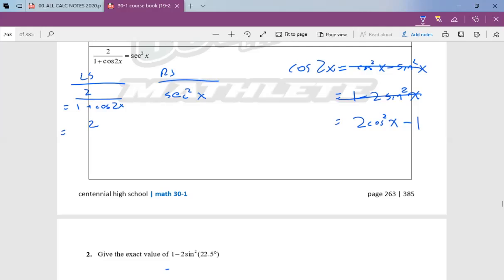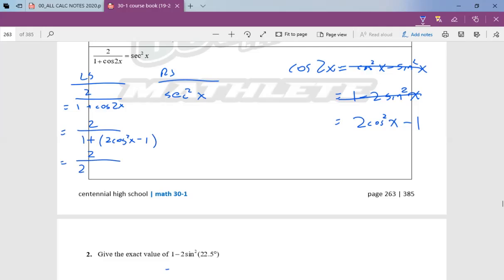And this ends up being 2 over 1 plus 2 cos squared x minus 1. We simplify this. This ends up being 2 over the positive 1 plus negative 1, add to 0.